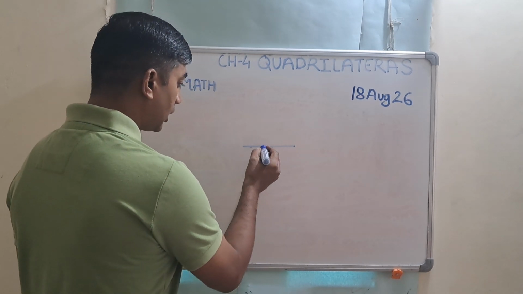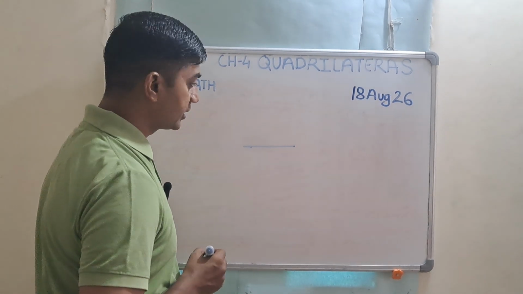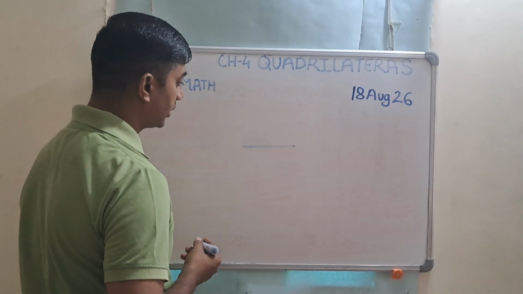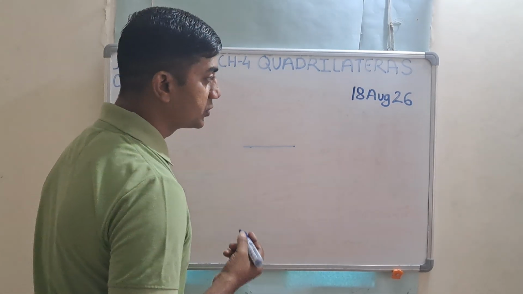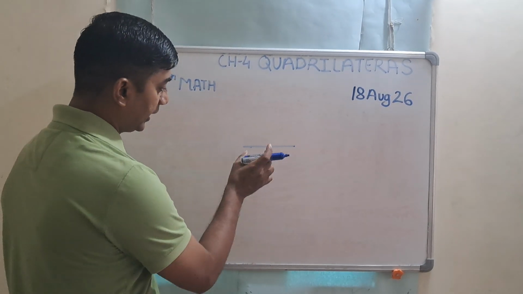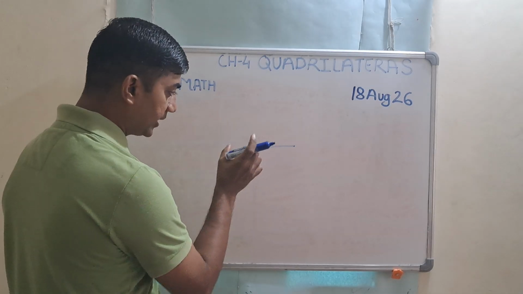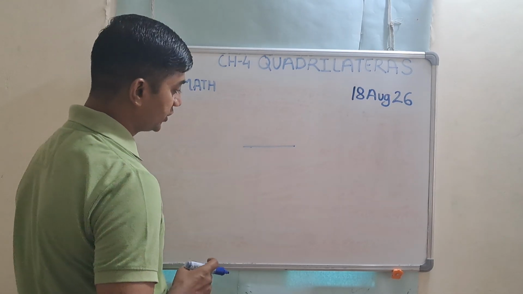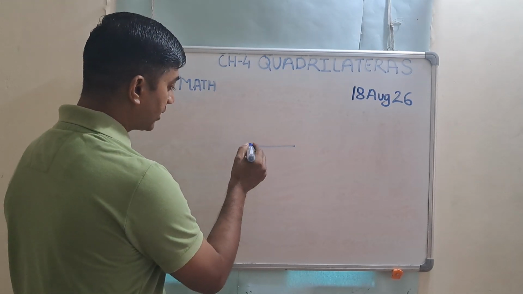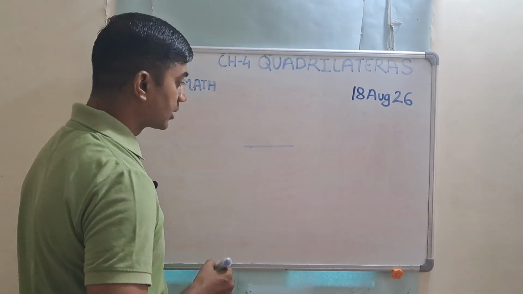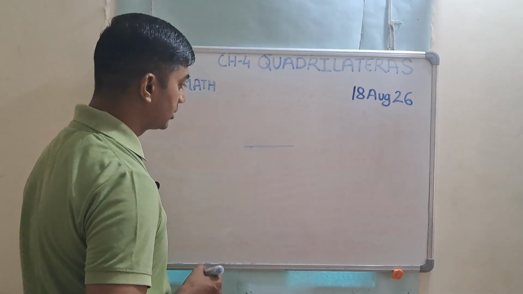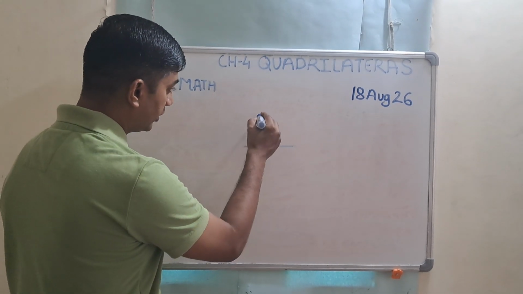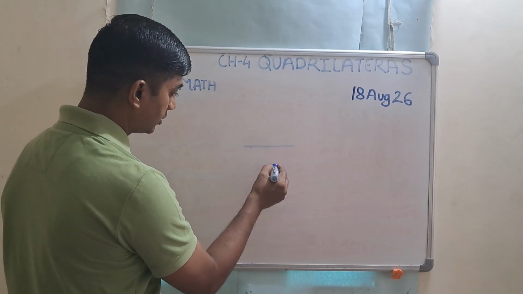Understood? How will you find the midpoint of this? As we have already discussed, using the compass and a radius more than half of this length approximately, you make arcs on both sides from the endpoints of this line segment.